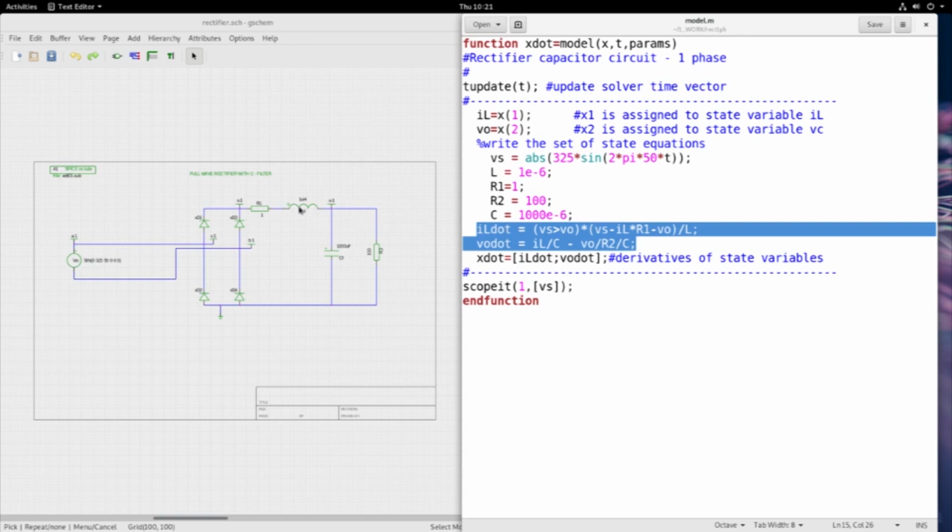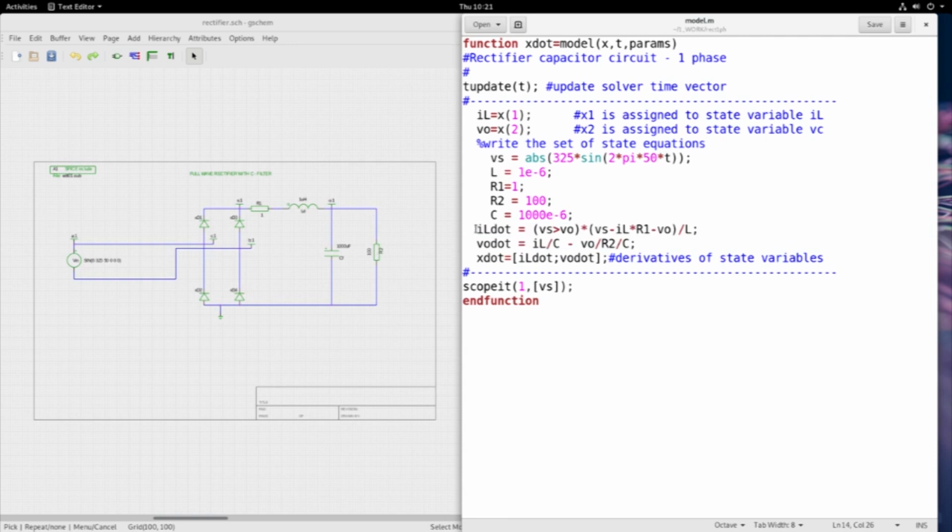IL dot is the dynamics of the inductor current. The inductor here is a non-ideality which represents the lumped track inductance of all these lines, and this resistance R1 also represents the lumped distributed impedance of all this line. R2 is the load resistance, and this C is the capacitor filter.